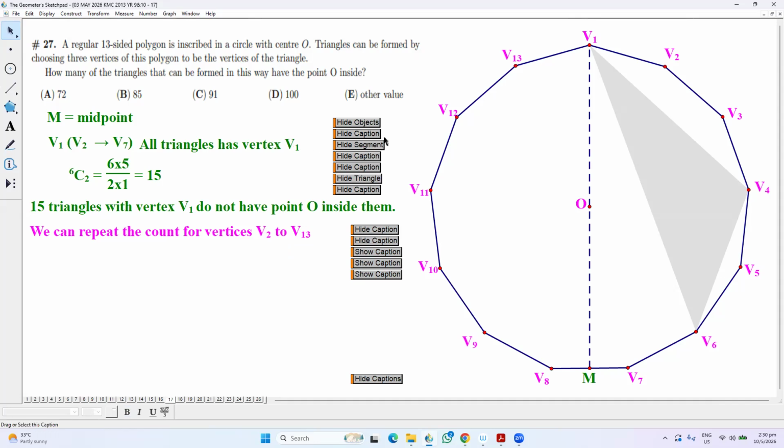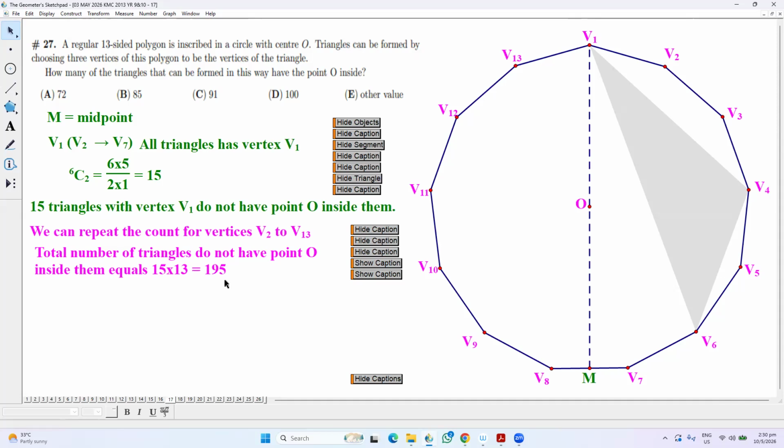Just now, our triangles always have V1. Now there's no V1. Always V2 with the other points. So you can repeat until all the 13 points. So 13 times 15, 195 triangles do not have point O inside.